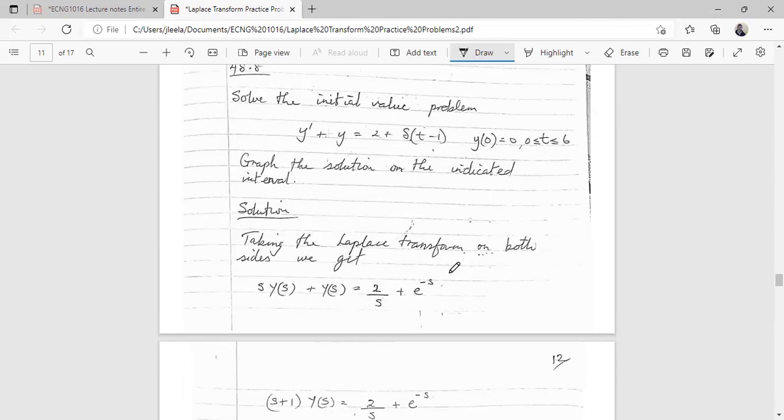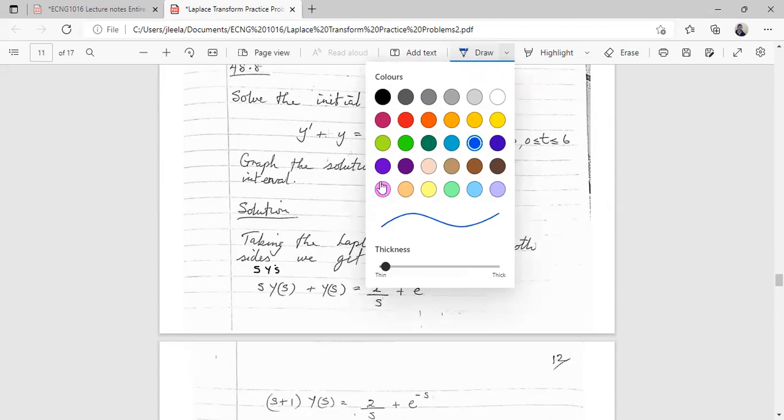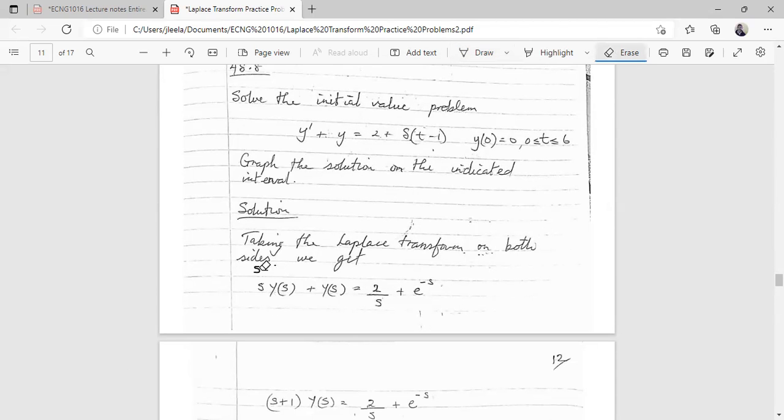The Laplace transform of y' is sY(s) minus y(0).